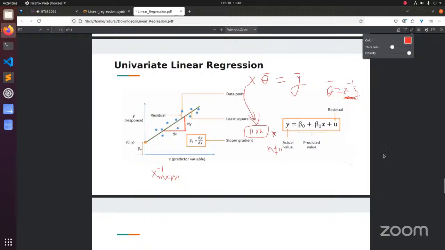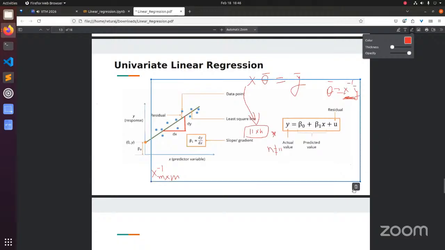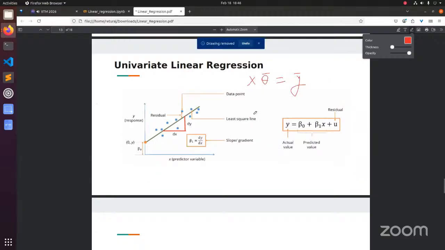So there is a very interesting thing that we will do now. So we have this equation. Remember this x is 11 cross n. So let's convert it into a square matrix. We first multiply by x transpose.